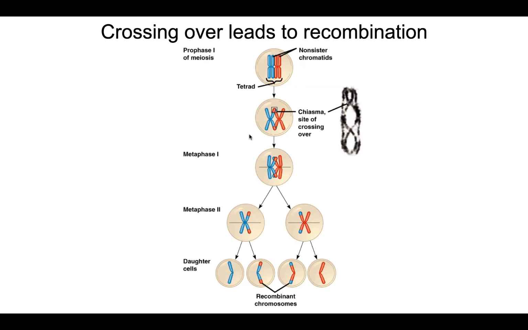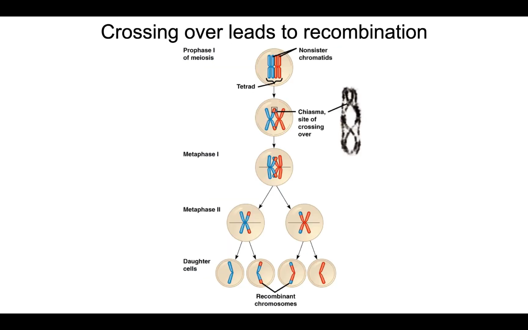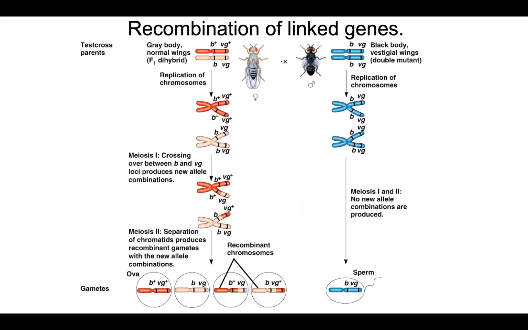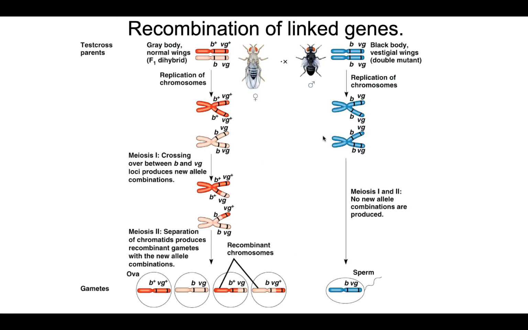But since this crossing over event does not happen very frequently, we don't see very many of these flies, certainly not in equal probabilities to the other two types. Now, that is an interesting number. The number that we see, 206, 185, basically tells us just how far apart the two genes are from each other on the chromosome.